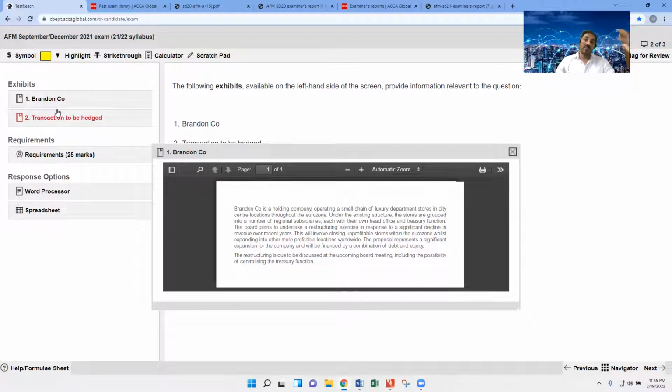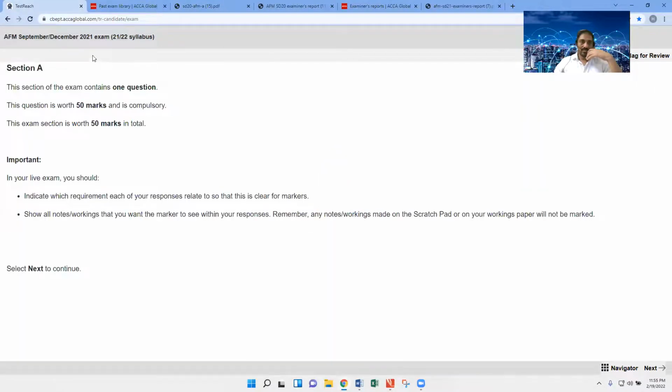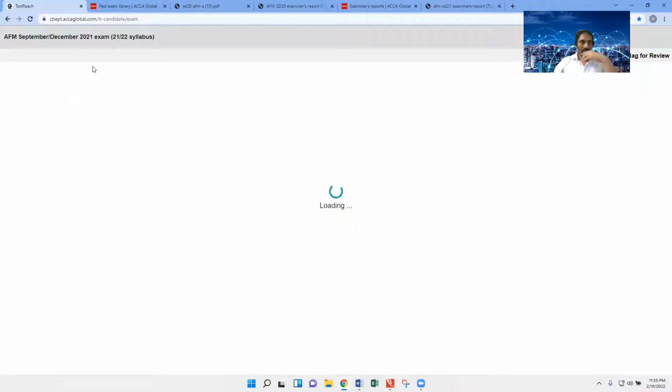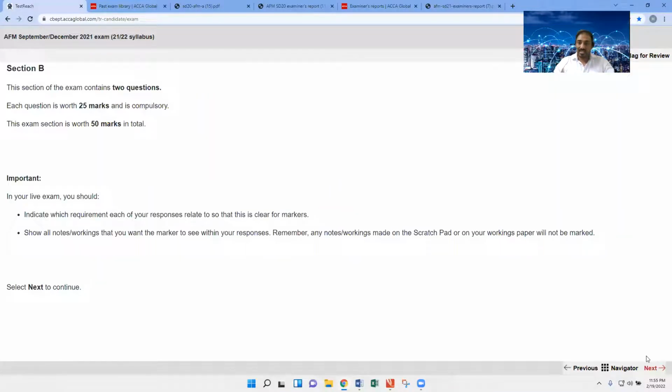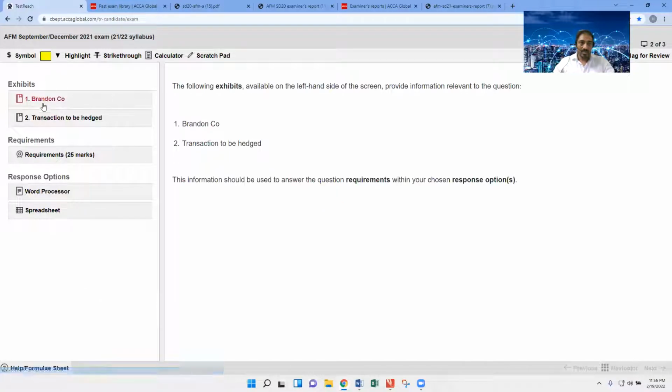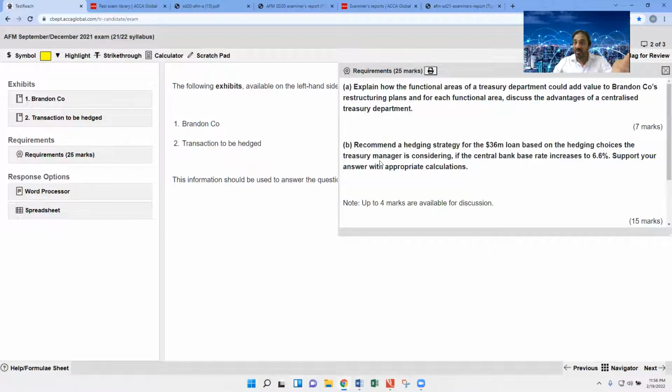Question number 1 we have already done. Now I am giving you section B, the Brandon question, to attempt. First, you have to attempt it with your sincerity: A part theory, B part calculation and comment, C part theory.